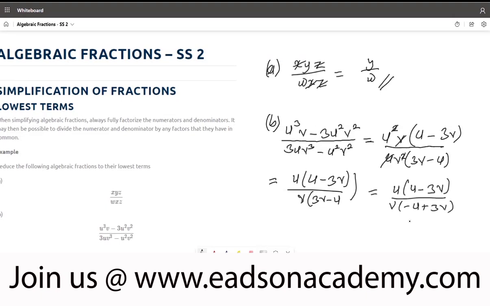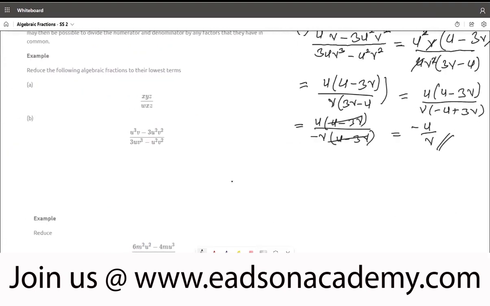So if I multiply the denominator through by negative 1, I'll have u into u minus 3v all over minus v into u minus 3v, so that this u minus 3v can cancel out. Our answer now becomes u divided by minus v, which is minus u over v. And that is for exercise.